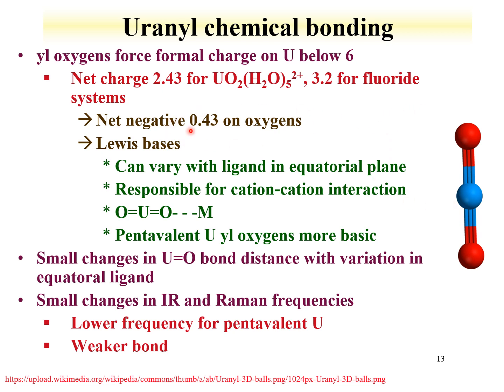And since the overall charge is +2, that means that the oxygens are going to have net negative charges on them. This has been exploited for forming metal complexes with these yl oxygens. These are called cation-cation interactions that you can explore for the actinides. And these can be evaluated by assessing the change of the uranium-oxygen bond through the complexation, and this bond can be evaluated through IR and Raman spectrum.